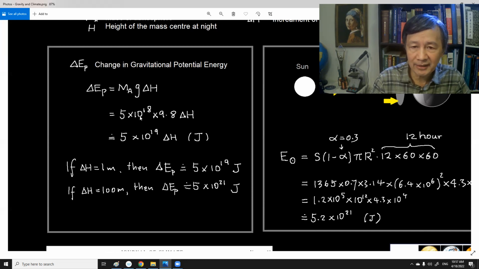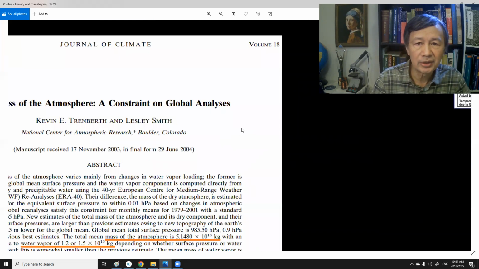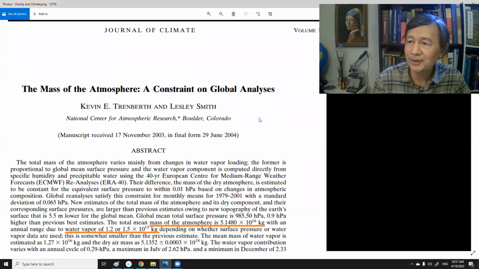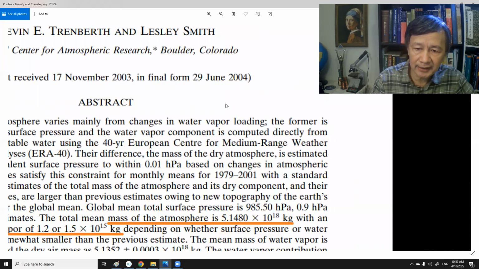I got this number from a recent reference published in the Journal of Climate. But I wonder why nobody has actually used this idea to explain the diurnal variation so far. This is the number I cited, can you see?